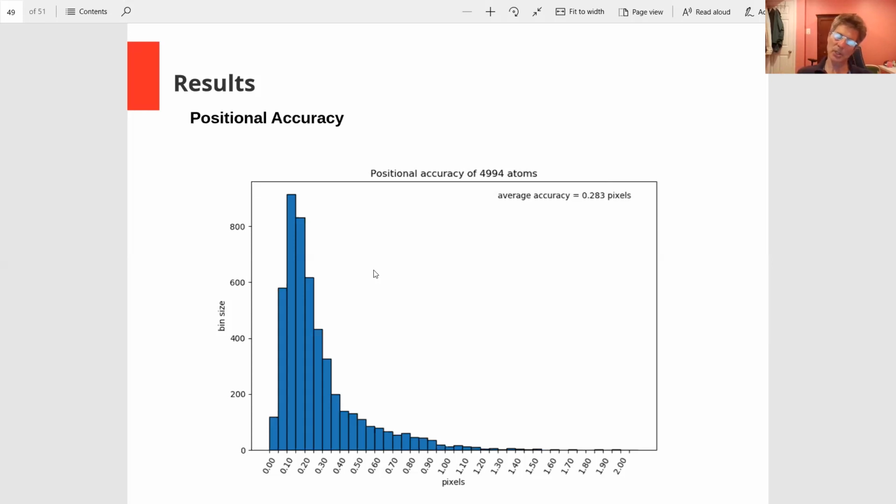And that's the position that's used to compare to the true atom position. So I said earlier, and I'll repeat, that I did this 500 times with 10 atoms, for a total of 5,000 atoms.